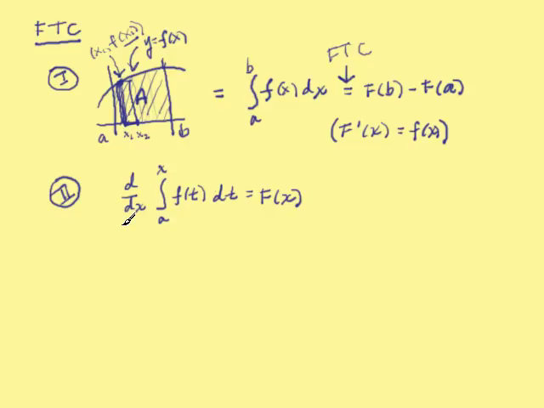If we break up the entire area into these rectangles, we get the area of each little rectangle, f of xi times xi plus 1 minus xi. If we sum up the areas of the skinny rectangles, we get an approximation of the area.